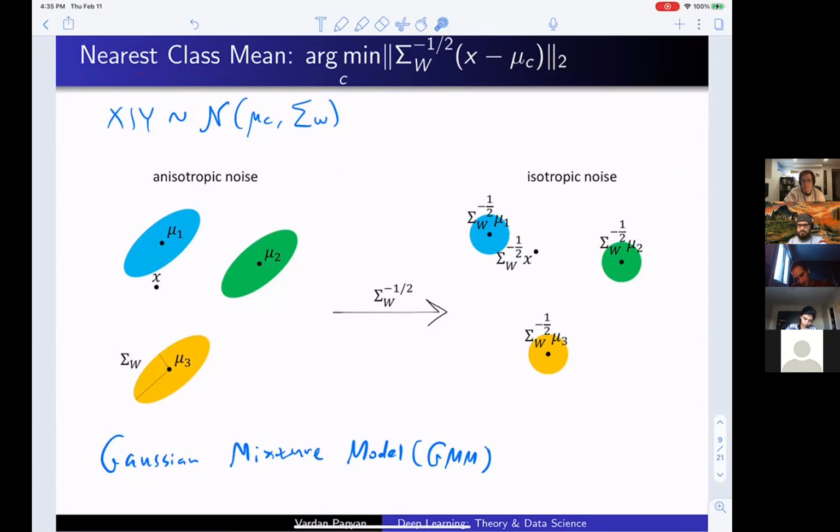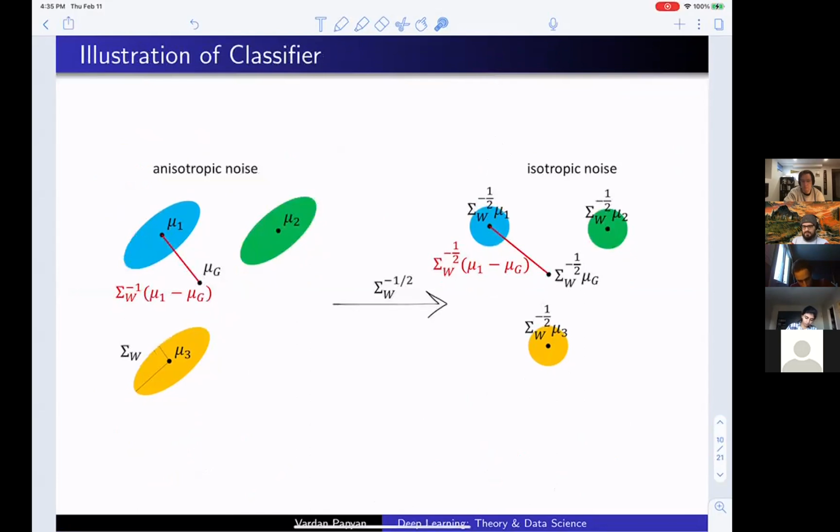Now, at this point, you might ask yourself, what is the classifier, right? Can we represent somehow intuitively the classifier? So the classifier for the c-th class is simply looking at this vector, which connects the global mean, which is the average of all the class means, right? This is the global mean, and you connect it with the class mean. Does this make sense?